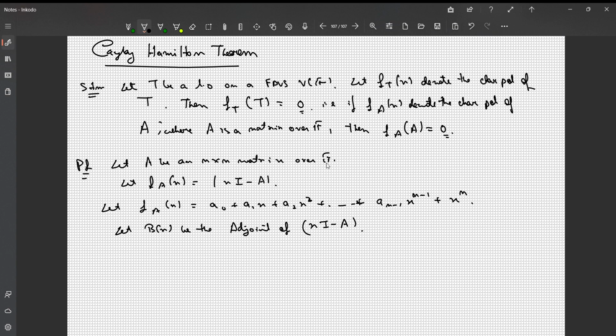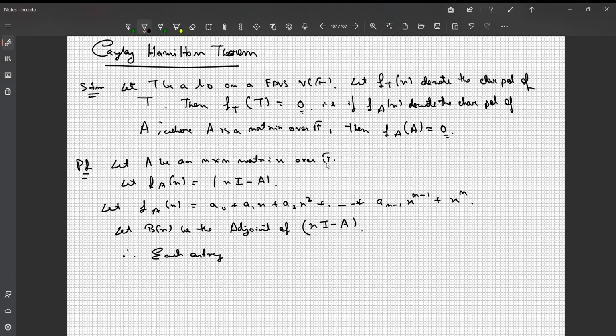So eventually each element of B(x) is a polynomial of degree less than or equal to n minus 1, right? B(x) itself need not be a polynomial of degree less than or equal to n minus 1; each element of B(x) is a polynomial of degree less than or equal to n minus 1.